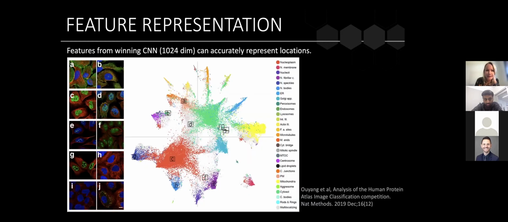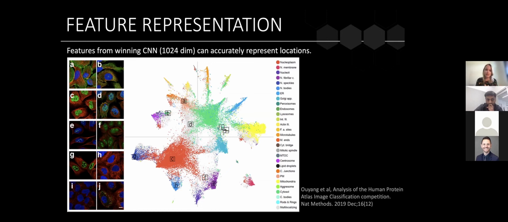Now I'm showing you the data from the first Kaggle competition, but they basically look the same. It looks a bit better from the second one. If we use this model that was developed to classify the patterns in the images as a feature extractor, we just take the features from the penultimate layer and then reduce the dimensions here into a UMAP plot.